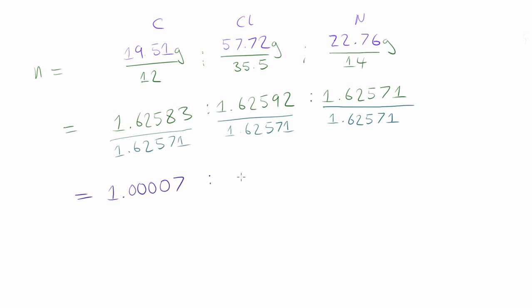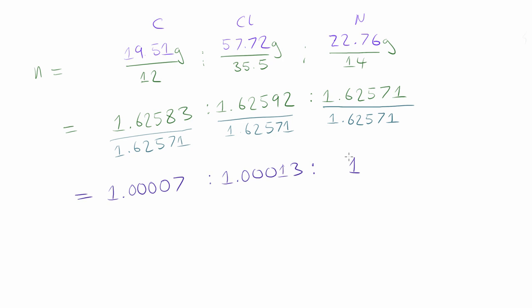And for chlorine, and remember, this is the molar ratio we're looking at, we're going to get 1.00013. And for nitrogen, we divided 1.62571 by itself, so we know that what we're going to get is 1.